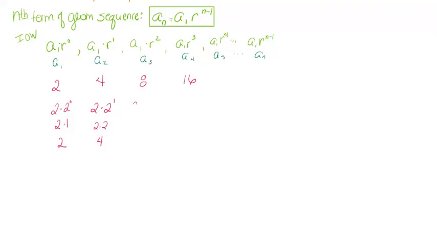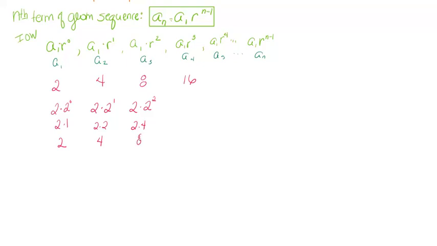The third term is the first term times the common ratio raised to the 3 minus 1, squared, because I'm multiplying it by another r each time. So that's why I can use the exponent 2, 3, 4, and so forth. I can use exponent n minus 1. So 2 times 4 is 8.